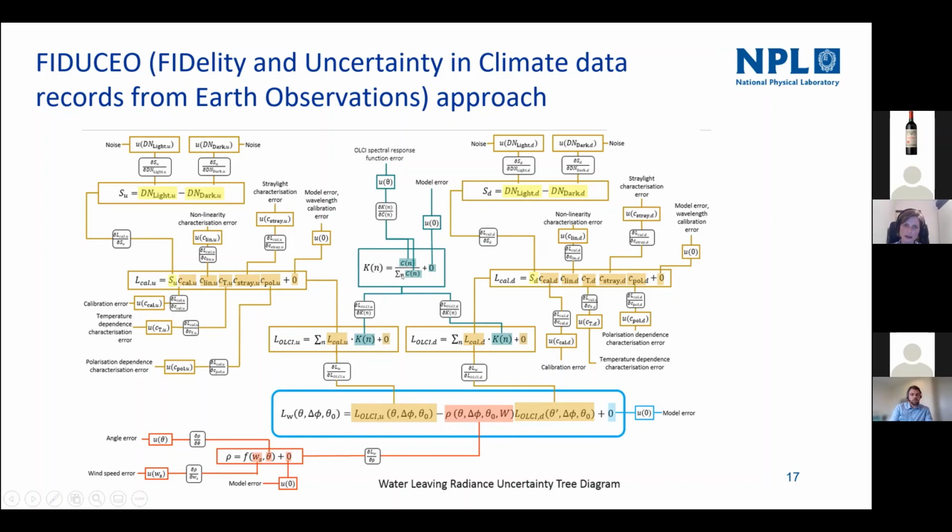And we even touch on some of the modeling errors related to models of calculating, for example, here Fresnel reflections. So this approach basically allows us to capture everything that needs to go into the calculation of uncertainties. I think we use it quite a lot now. So when we want to calculate uncertainty in situ, we first sit and draw it to make sure that we capture everything.